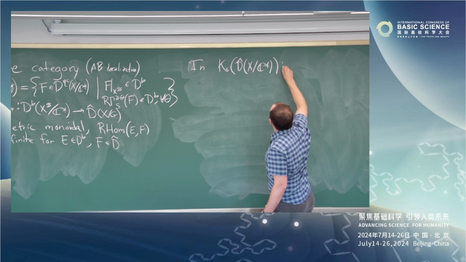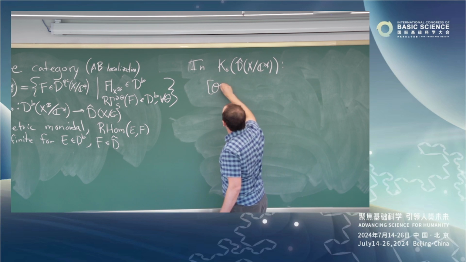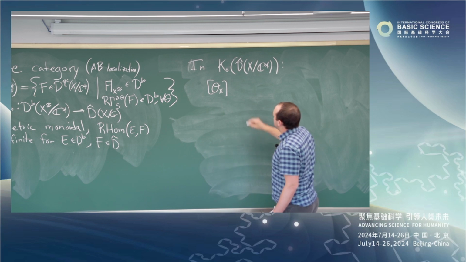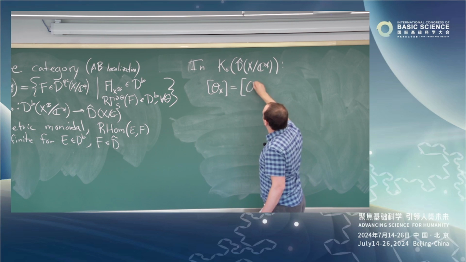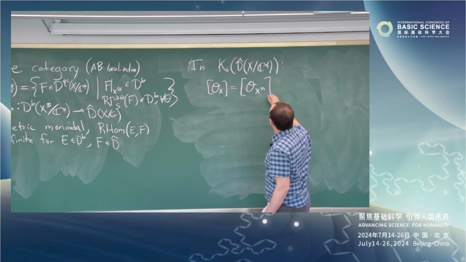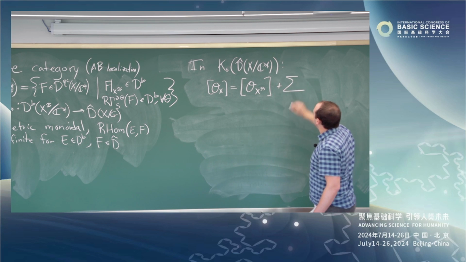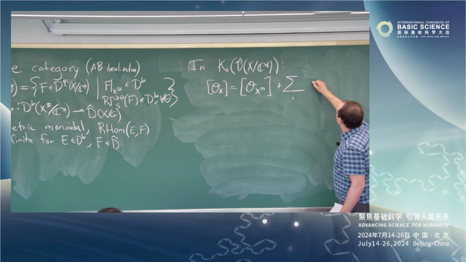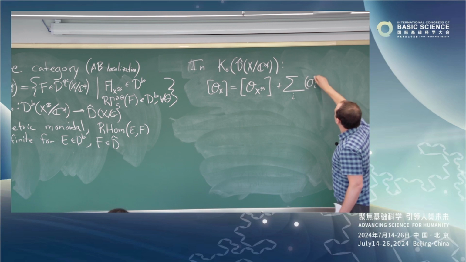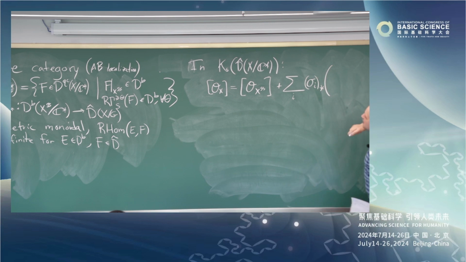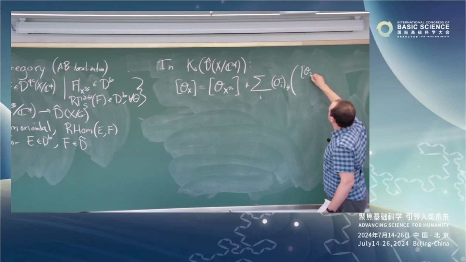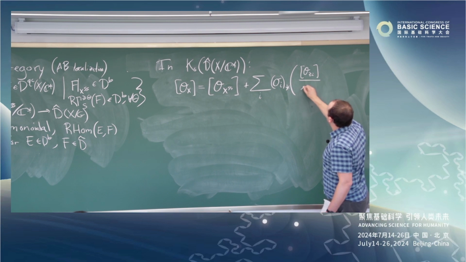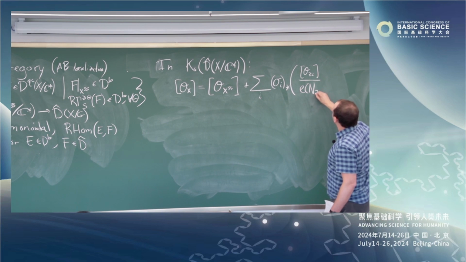So you can take the class of O_X, which is the identity, and you can write it as O of X semi-stable plus the sum over i of sigma_i lower star of O_{Z_i} divided by lambda of the normal bundle.